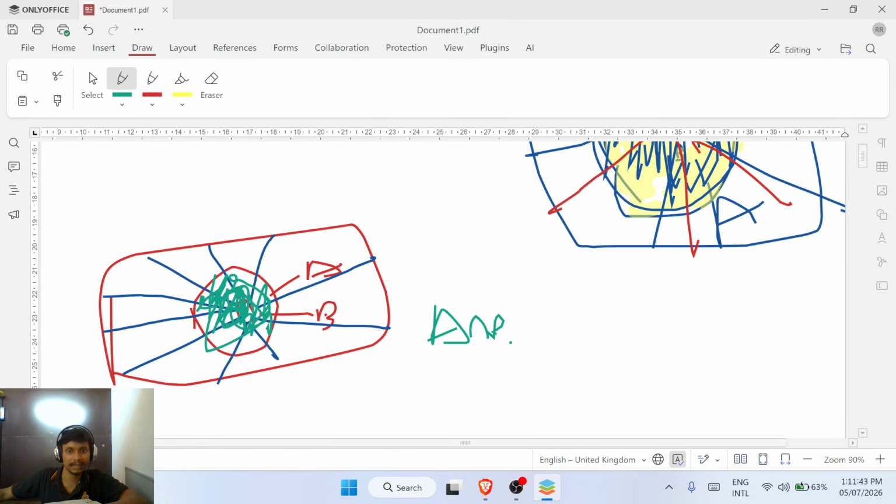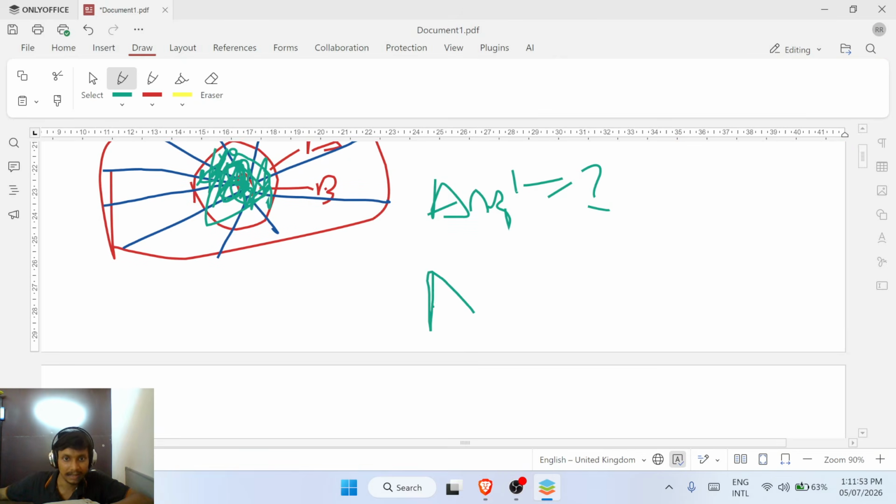It is where A and B dash intersect. That is A intersect B dash.